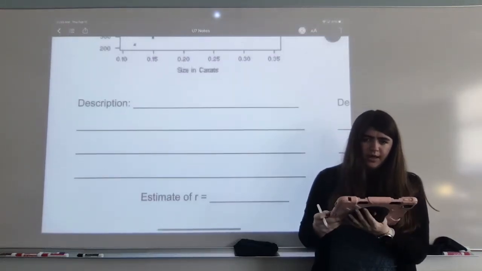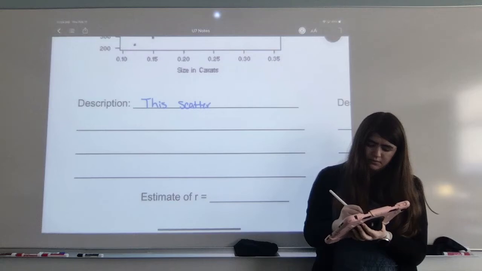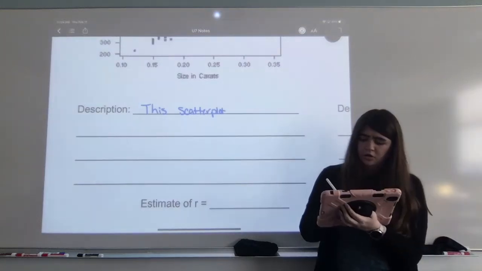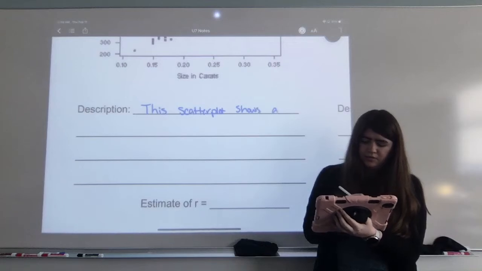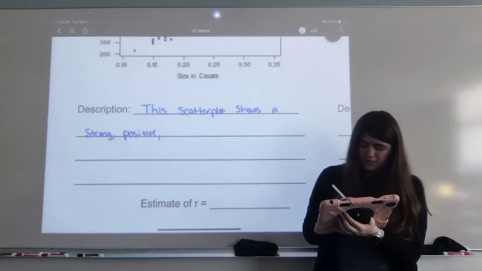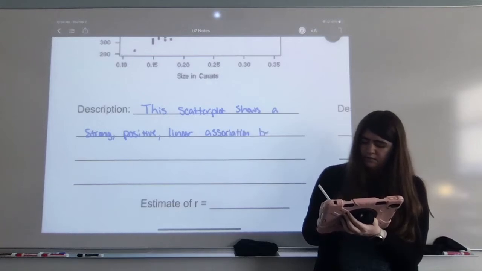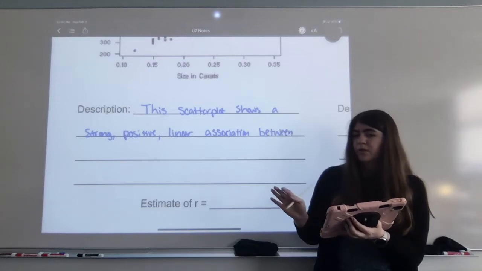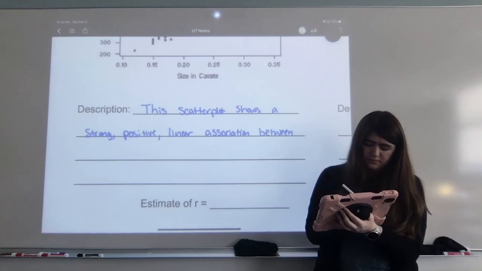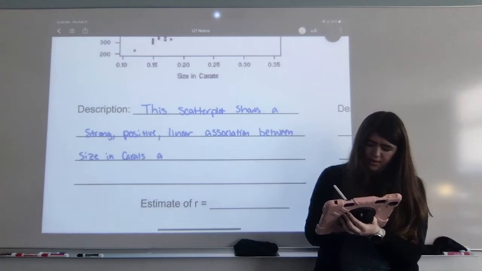In my description, I'm going to say, this scatter plot shows a strong, for the strength, positive, for the direction, linear association between, and we need to be specific here, size in carats and price.